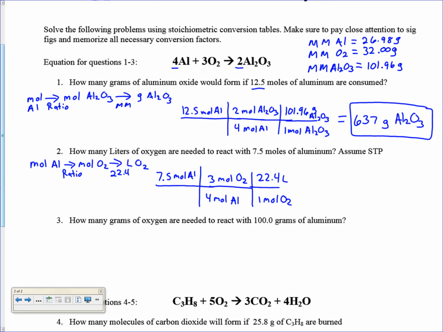If you look at this problem, we have 2 sig figs. So go through, multiply across everything on the top, divide by everything on the bottom. Now your calculator will spit out something like 126, but rounding to 2 sig figs, 130 liters is what I get out of there. And we'll say liters of O2.